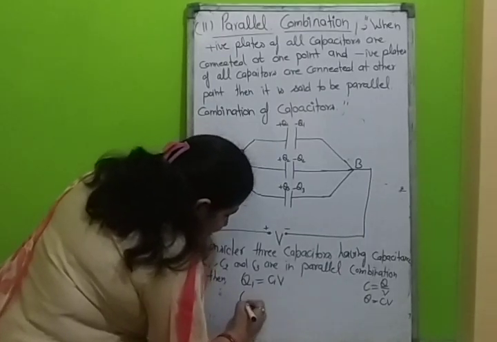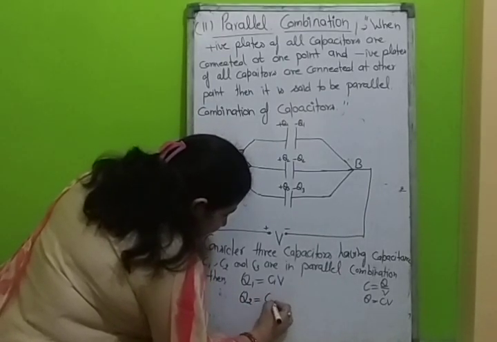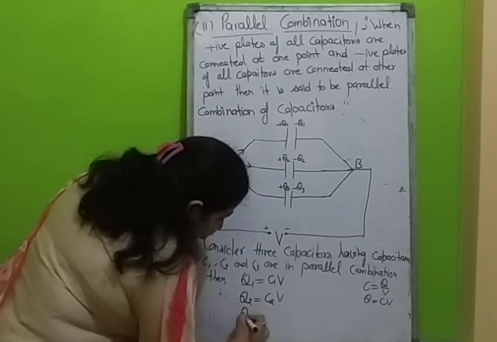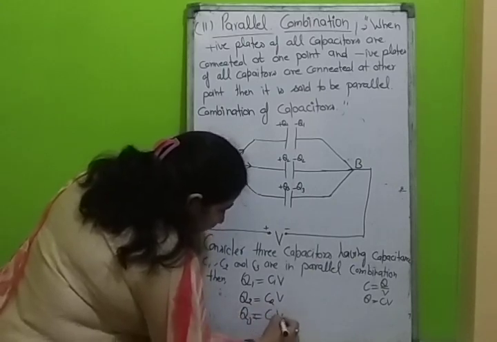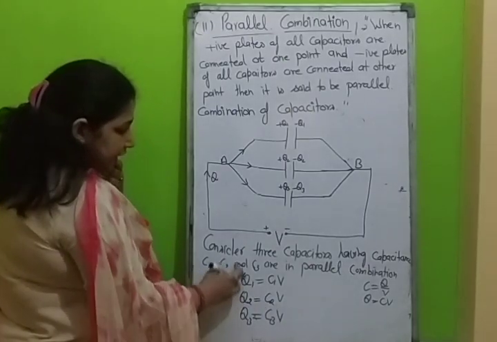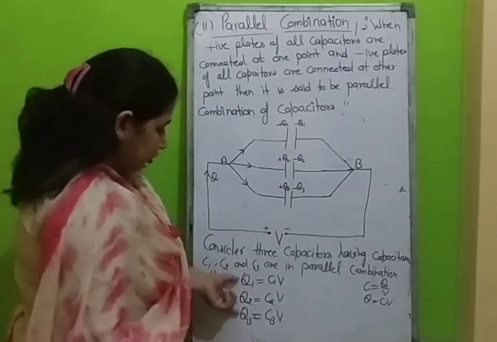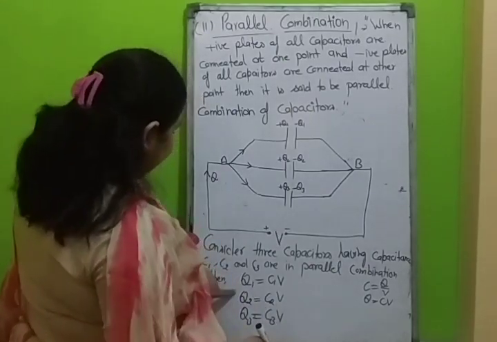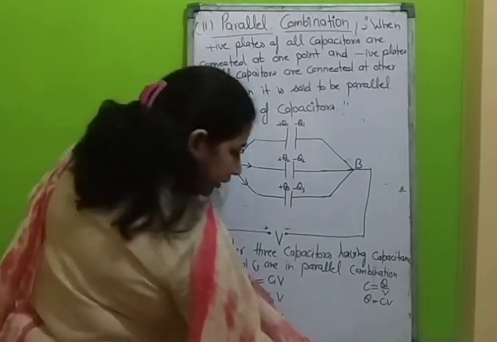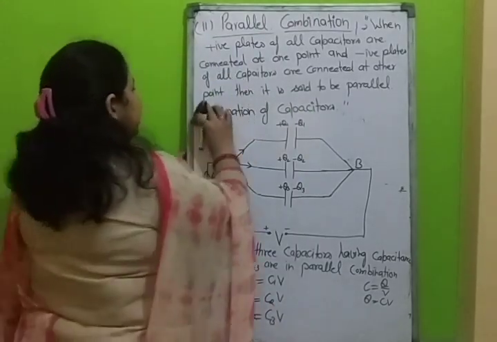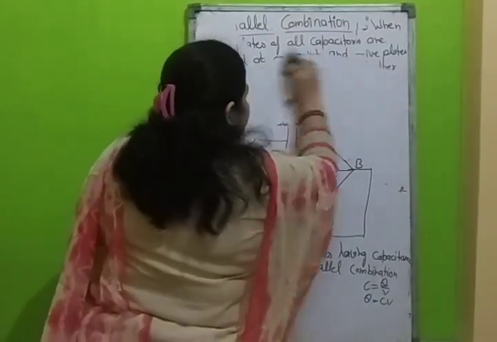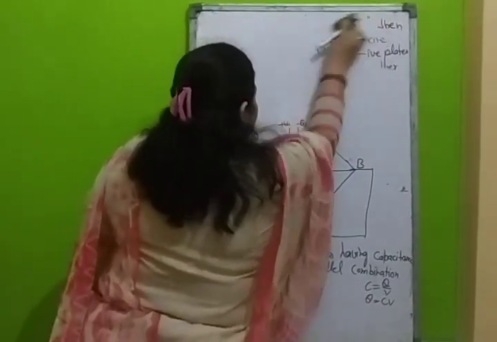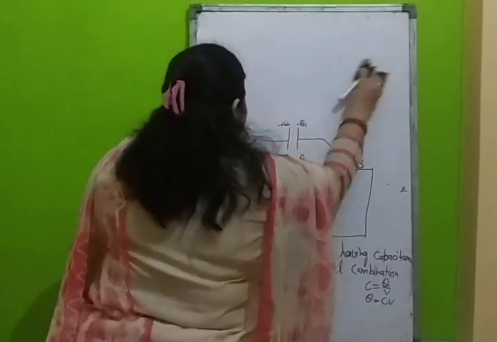Q2 is equal to C2V. Q3 is equal to C3V. And these three charges together give us the total charge Q, as Q is divided into three parts, Q1, Q2, Q3.